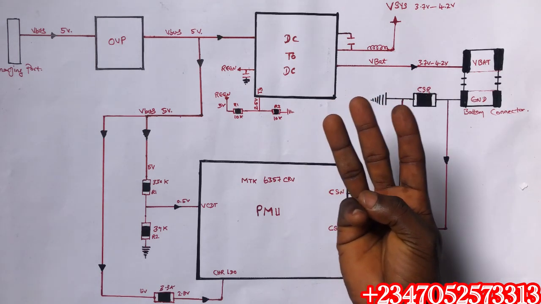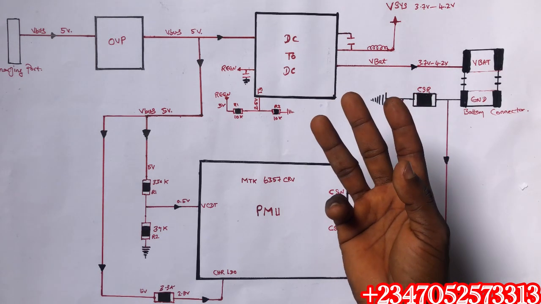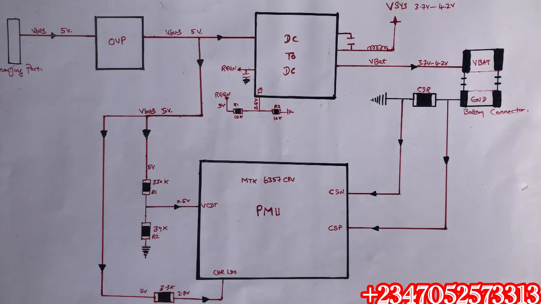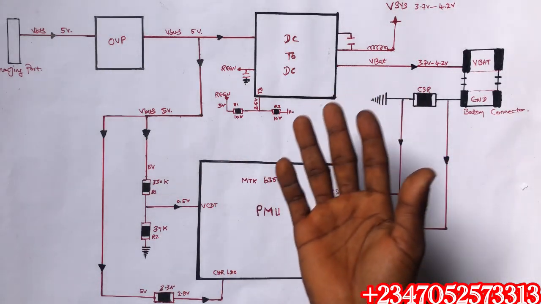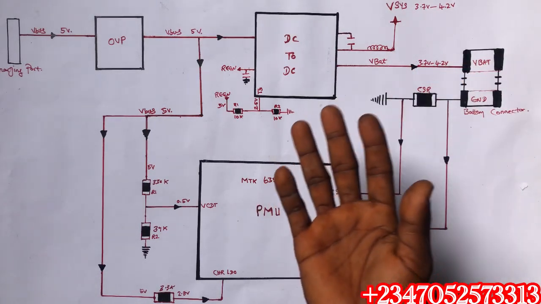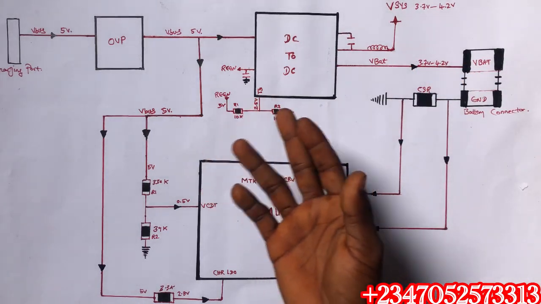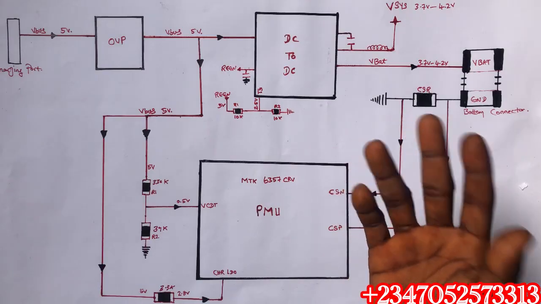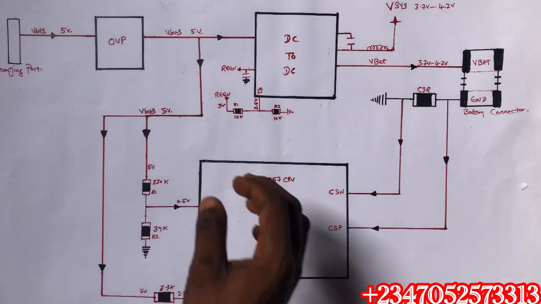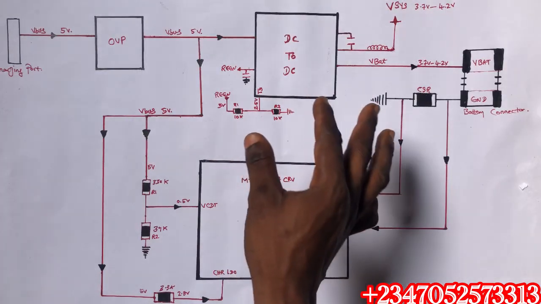But we also have another MTK power IC where you won't find these lines here. The lines in that particular one are different, so I will make a separate video on that one. It is MT6360. This power IC, MT6360, is used in our 5G phones.